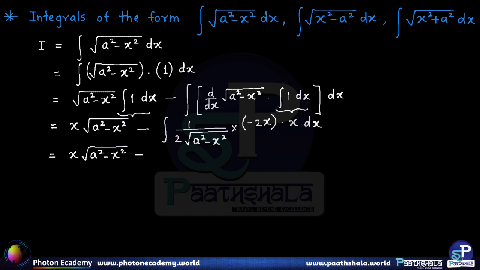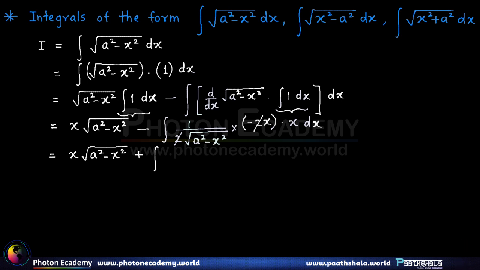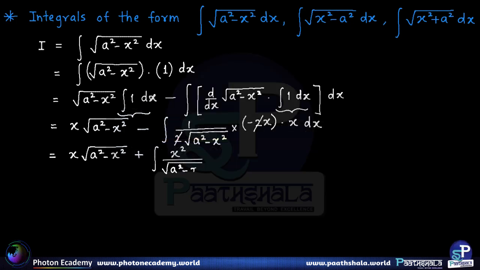minus, if you see 2 can be cancelled, in fact there is one more minus sign inside, so we can take it out and make it plus, and what we are left with is x square upon root of a square minus x square, right, dx.